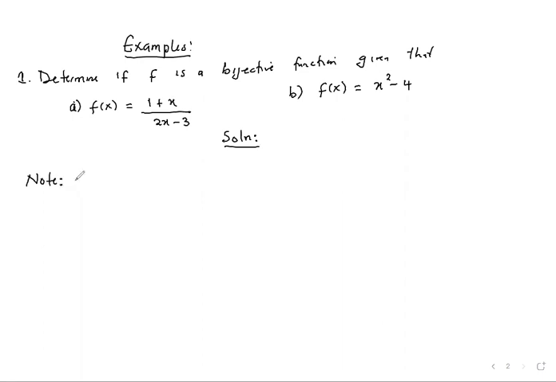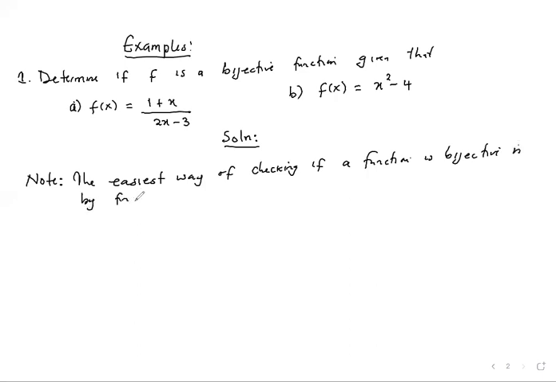Simply say, to combine the two, the easiest way of checking if a function is bijective is by finding its inverse.